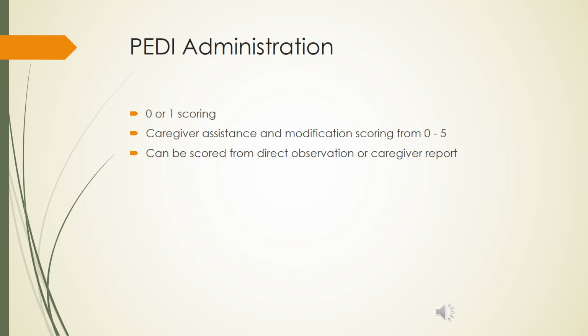And then again, you can have the caregiver report that the child can do it or cannot, or you can have them directly do it and observe it. Some of the items, things more like toileting and eating, that you're not going to be able to do in an evaluation or a clinic setting, you have to have caregiver report. So that's a nice way to simplify things on this test.